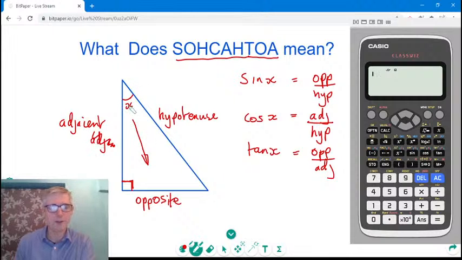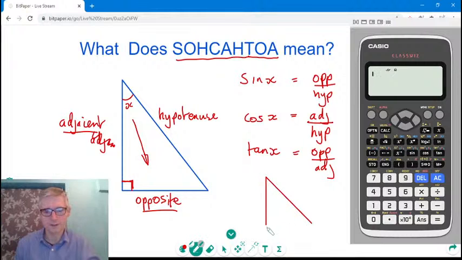It always depends where the angle is that we're looking at as to which one is the opposite and the adjacent. If I draw a very similar triangle, and this was our angle x, then the hypotenuse would be in the same place, but the adjacent is now the one next to the x, and that would be this one.